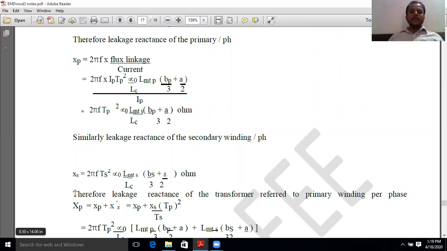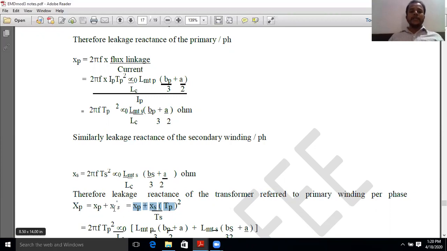Now therefore the leakage reactance of the transformer referred to primary winding per phase will be XP equal to XP plus XS dash, and it is equal to XP plus XS into TP divided by TS, whole square.